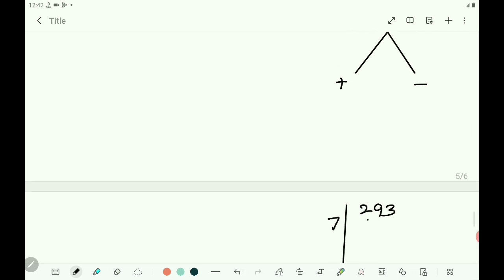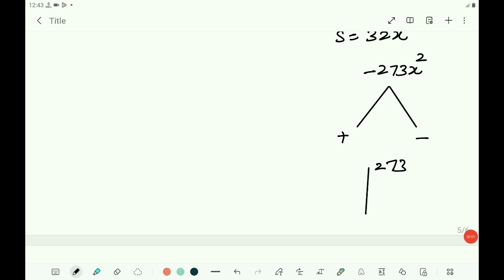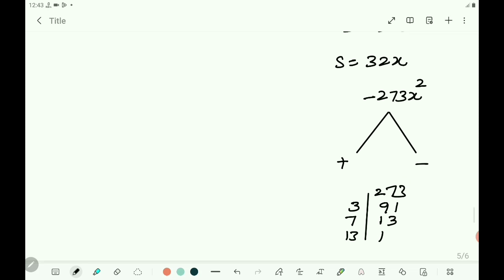Then you factorize 273. It is divisible by 3. 3 nines are 27, 3 ones are 3. Then 7 ones are 7, 7 threes are 21, 13 ones are 13. Here the sum is 32.